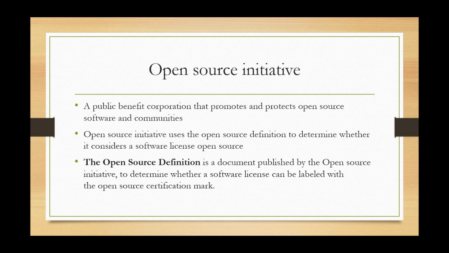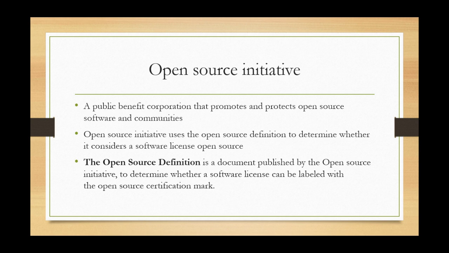In fact, open source software is made up of many people and distributed under open source definition compliant licenses. So a license that is given to a software that is to be called open source software should be compliant with the open source definition.